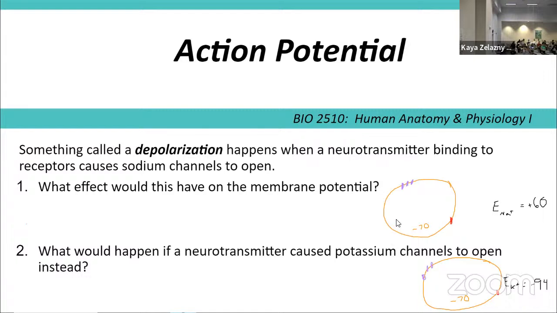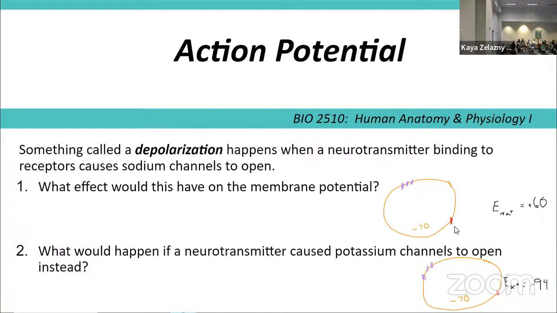And under our initial starting condition for a neuron, we have relatively high permeability to potassium. Those purple little lines are my leak potassium channels. We've got more potassium leaking than we have sodium leaking, which is part of why we are at specifically that number, -70, for our resting membrane potential.